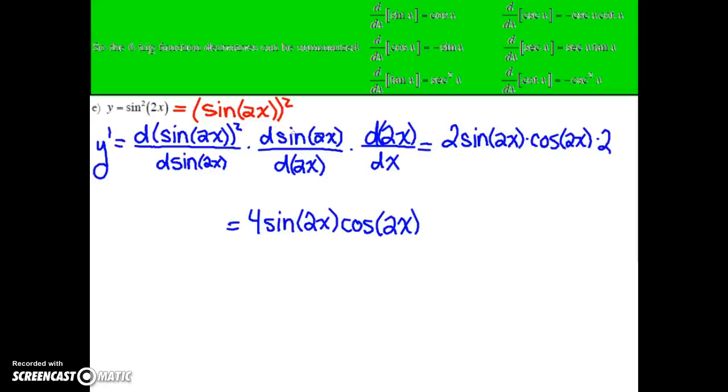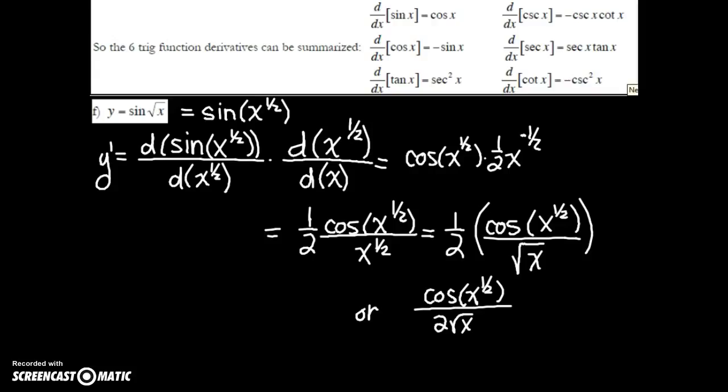Take the derivative of sine only. Leave the 2x alone. Now take the derivative of 2x, leaving you with the x. I mean 2. And just bringing that 2 out to the front, giving you your final answer. Okay, there you go. 2 different ways you can leave your answer.